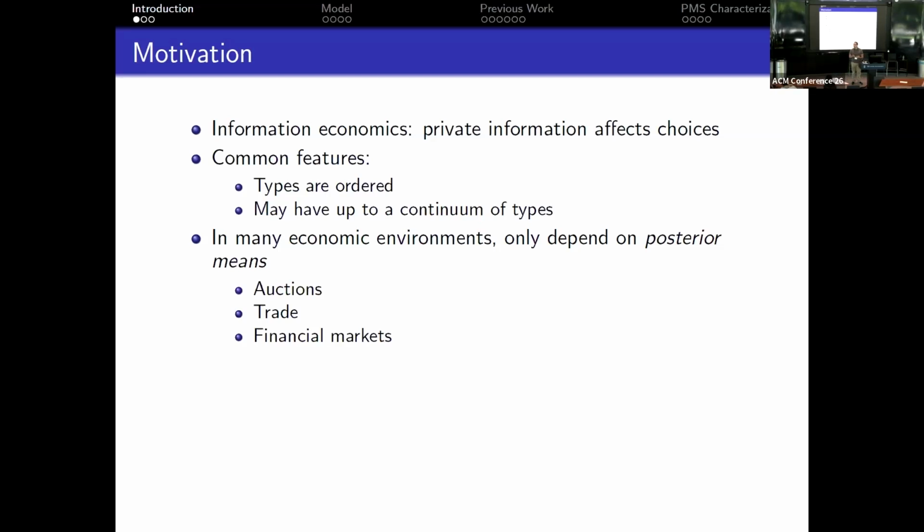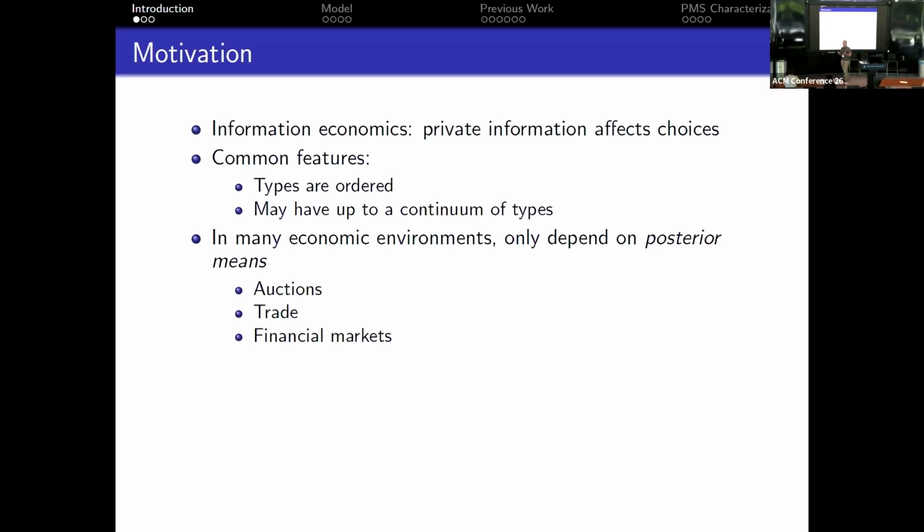For an important class of models, what we really care about is the expected value of the type, or object of the private information. So if you think about auctions, what we really care about as a bidder in the auction, our utility ex post is our type times the probability of winning the item minus the amount we pay, in the canonical model of Myerson.